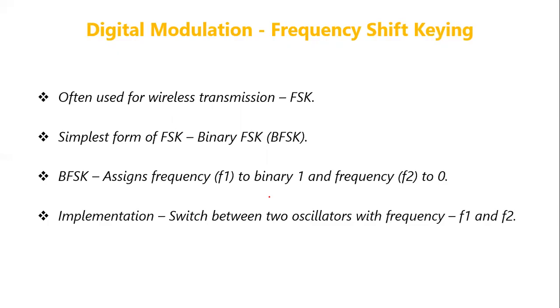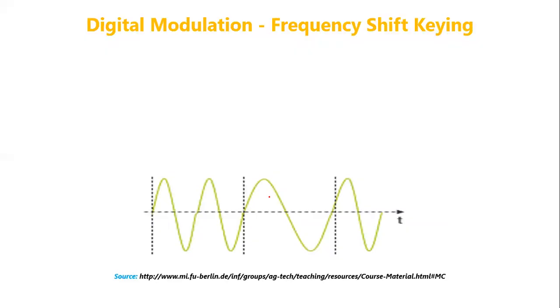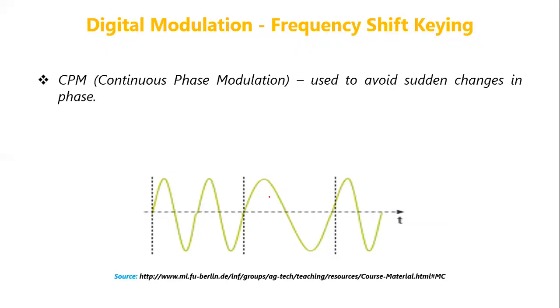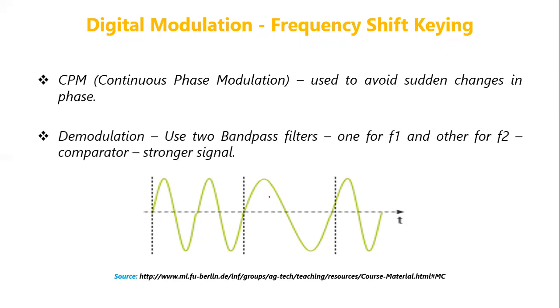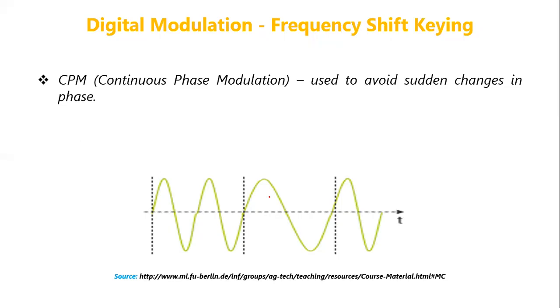But when you switch from one oscillator to another, there is a chance that the phase of the signal may get changed. So to avoid such sudden phase changes, we can use something called CPM, which means continuous phase modulation. The concept of CPM can be used to avoid sudden changes in the phase when you change from one frequency to another frequency.